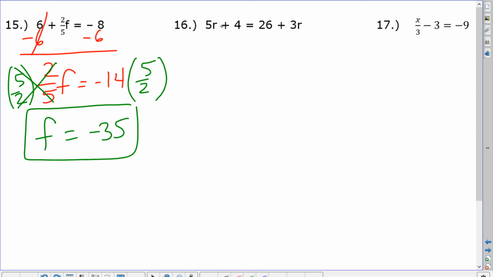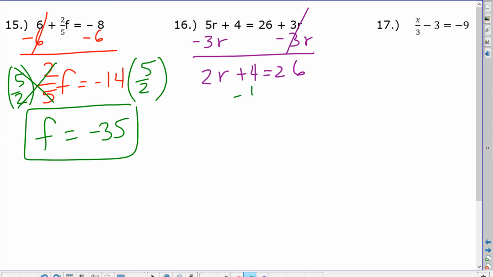This problem has variables on both sides. So I'm going to choose to move the 3 because that keeps my variable positive. Get rid of my constant. Get rid of my coefficient.